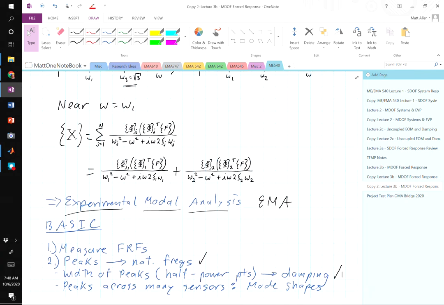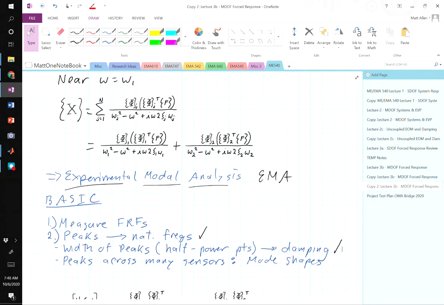And so we'll spend some time talking about that to make sure that concept is clear. But again, it comes from the equations we derived last time. And as we said before, if we're just looking at the response and we've applied some force F, and we're near omega equals omega 1, well, near omega equals omega 1, these two things are going to cancel. So this one will be small. We'll have a small denominator.